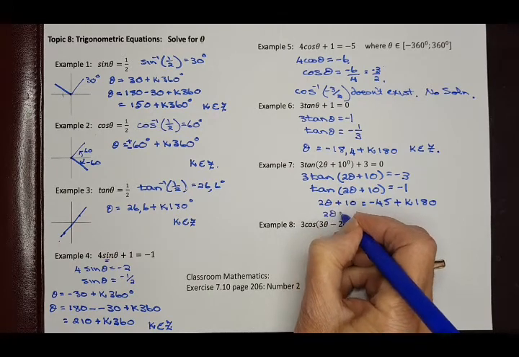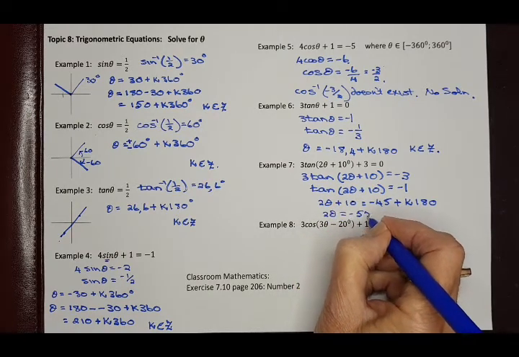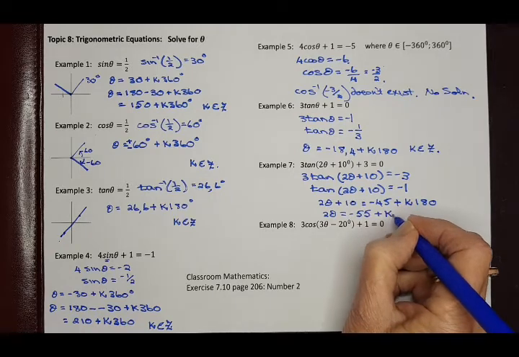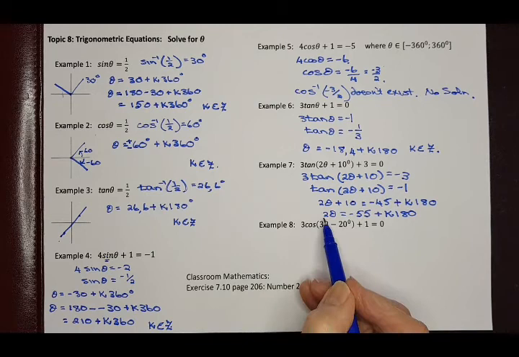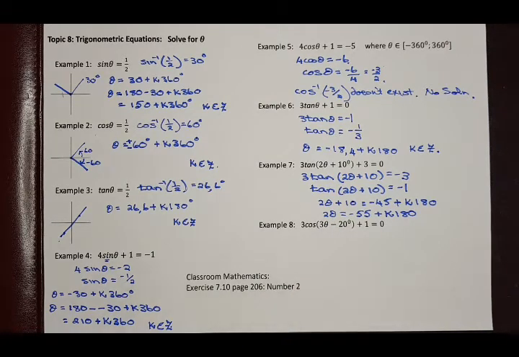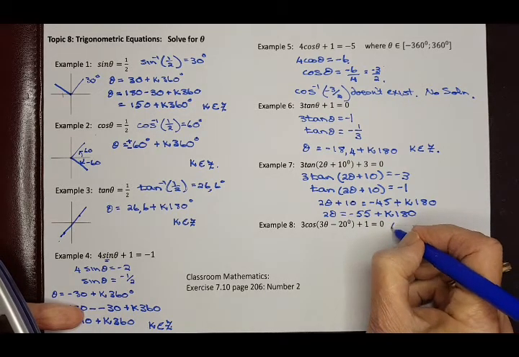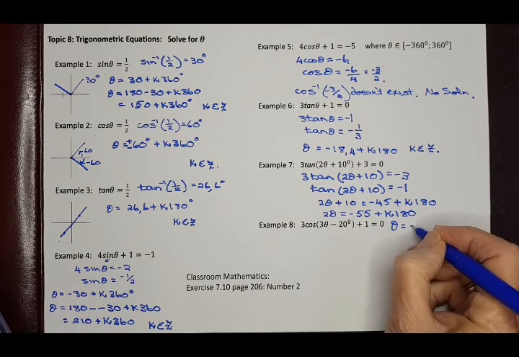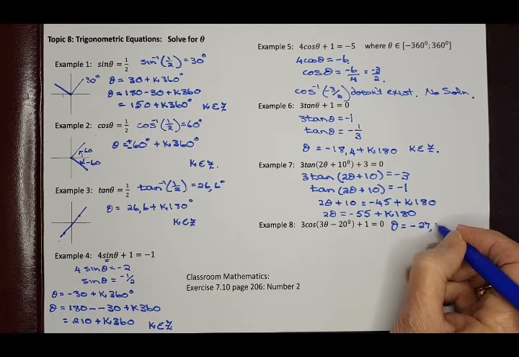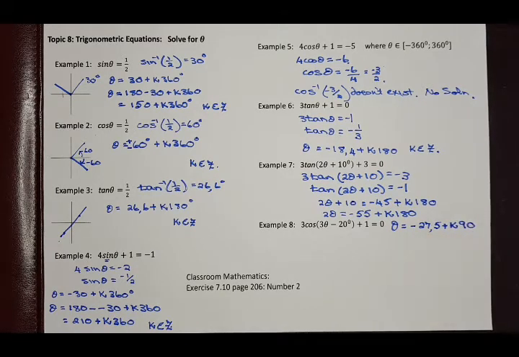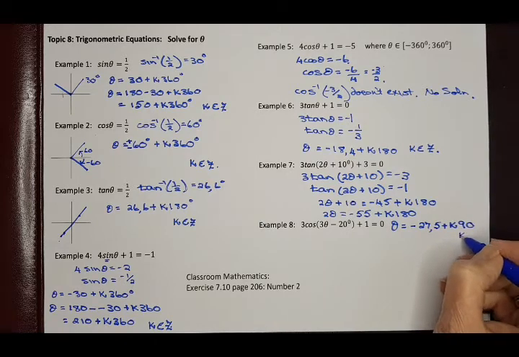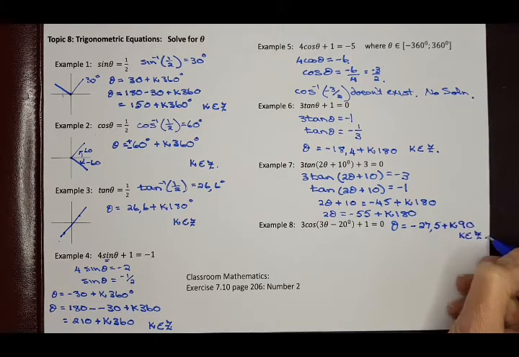So 2 theta is going to be minus 55 plus k 180. And to get rid of the multiply by 2, I'm going to divide both sides of that equation by 2. And so I land up with theta being equal to minus 27,5 plus k 90. Again, where k is an element of the set of integers.